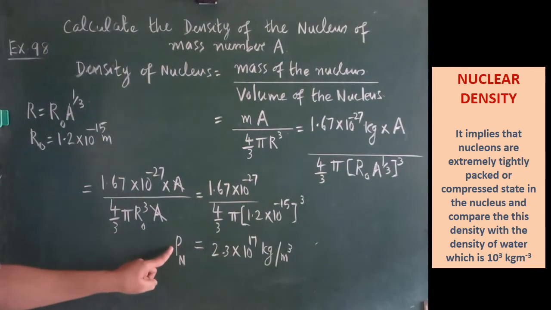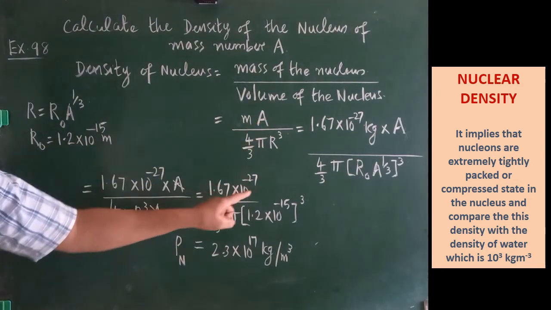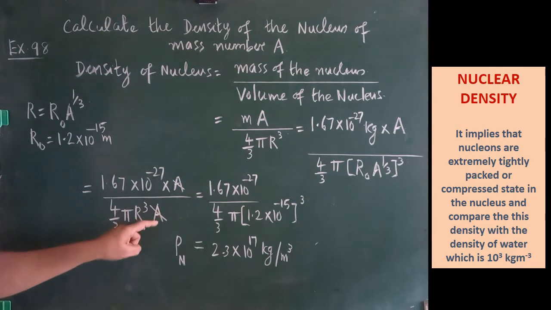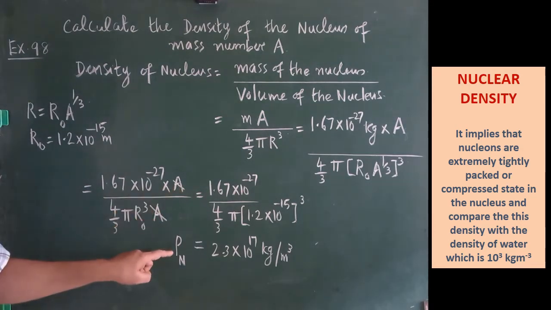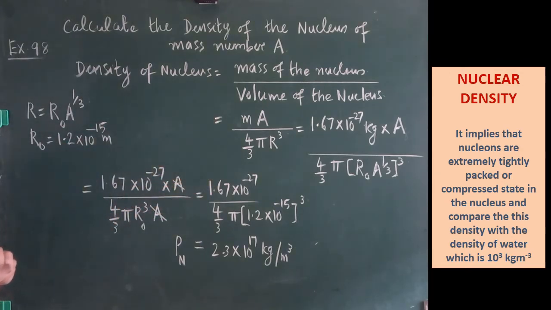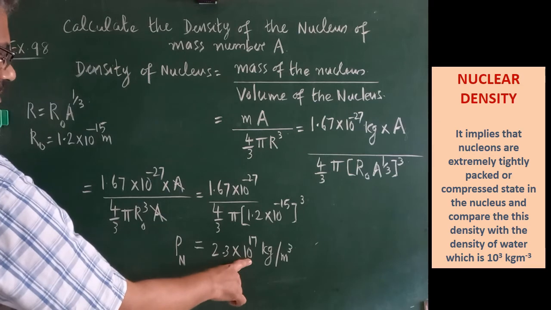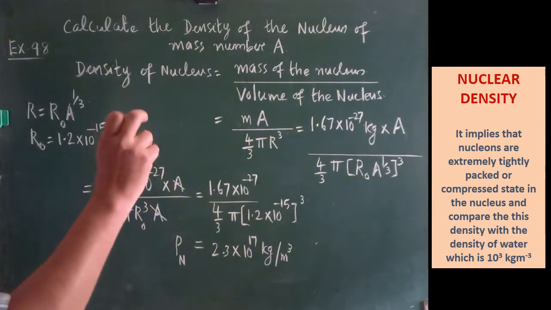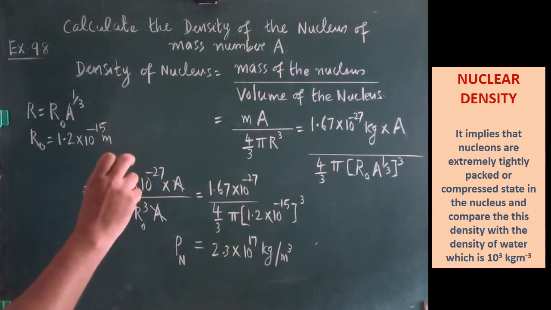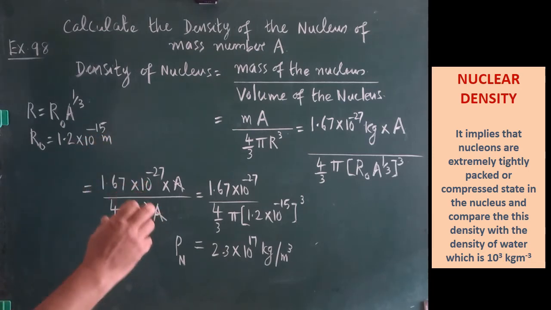Mainly you have to understand that the nuclear density does not depend on the mass number, because A is not appearing in the formula; both the A's are cancelled. Look at the power of 10, 17. That number is very big, which shows that the density of the nucleus is very, very high.